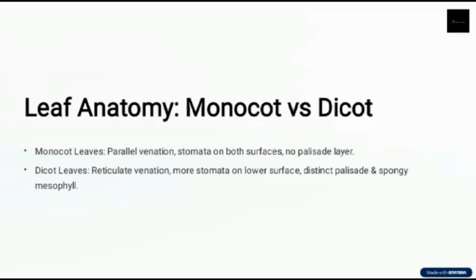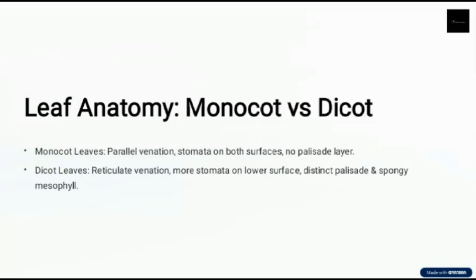So monocotyledonous leaves have parallel venation. The vascular bundles run straight and parallel to each other. If you bring a maize leaf, you will notice straight lines that run from one end to another. That's how it looks. But now, let's come down to dicotyledonous leaves.